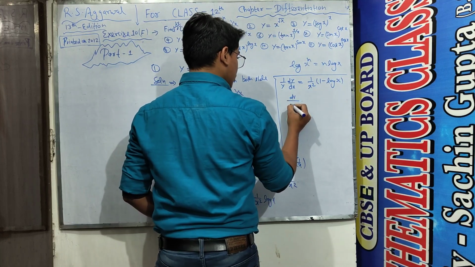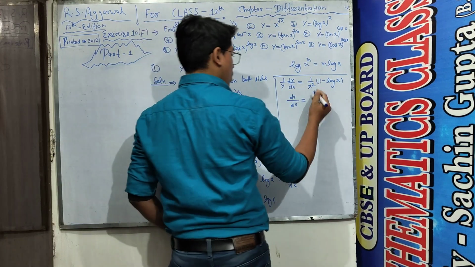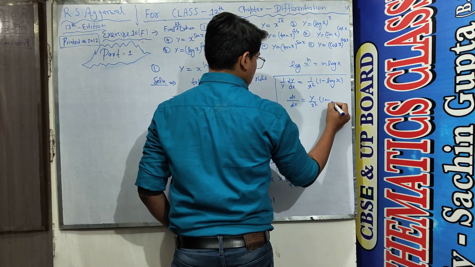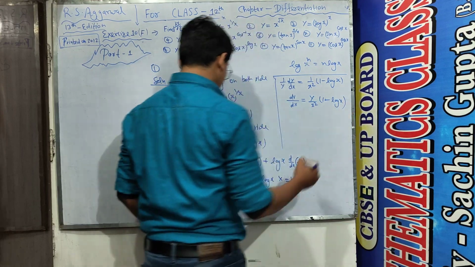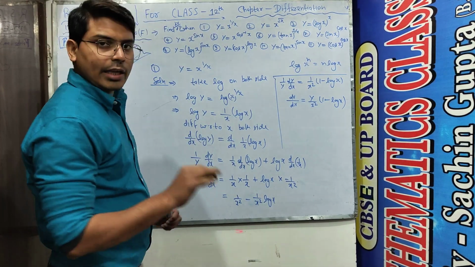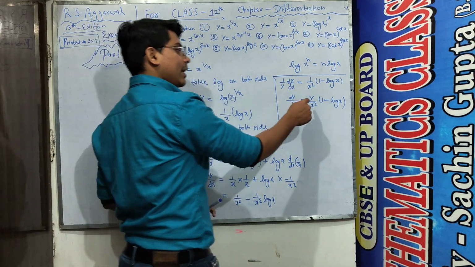And this y goes to the right-hand side, then it comes in multiplication, so it becomes y by x square into 1 minus log x. This is our required answer. Or you can put the value of y, x raised to the power 1 by x, here.